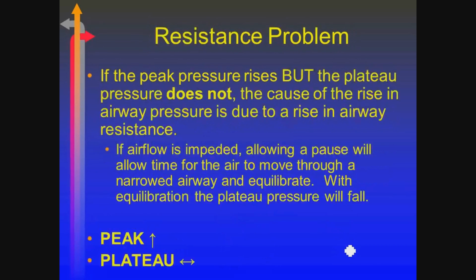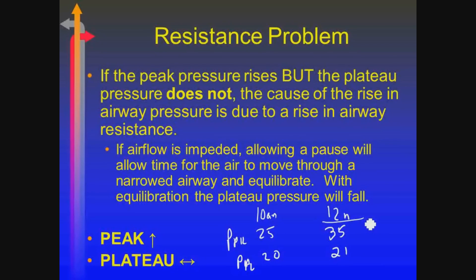Second scenario. At 10 a.m., my peak pressure was 25, my plateau pressure was 20. At noon, my peak pressure is 35, my plateau pressure is 21. Peak went up, plateau did not.